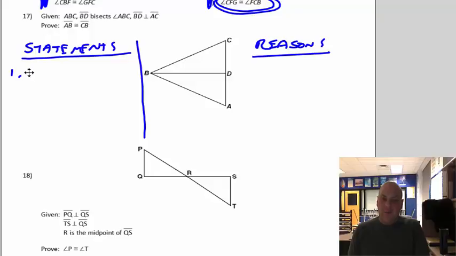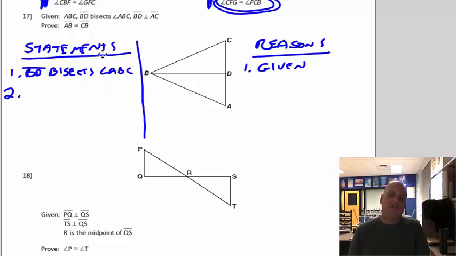So we have BD bisects angle ABC, and the reason is given. Okay, so what does that mean? Now you could put your other given in there, that's fine. I'm going to make a statement based on this.